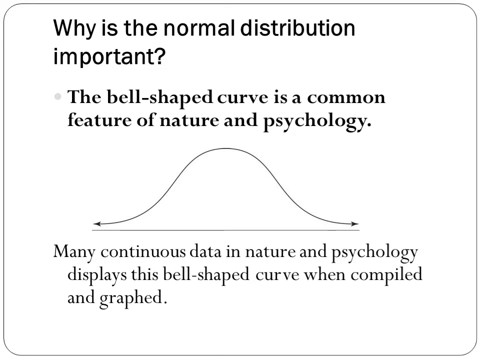The normal distribution is the most important probability distribution in statistics because many continuous data in nature and psychology display this bell-shaped curve when compiled and graphed.